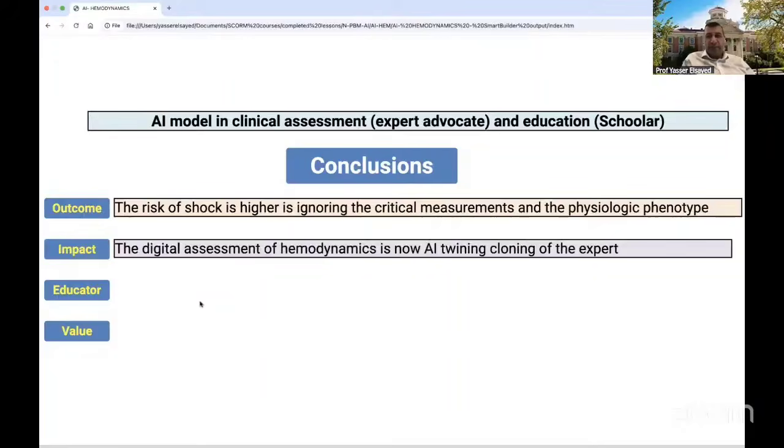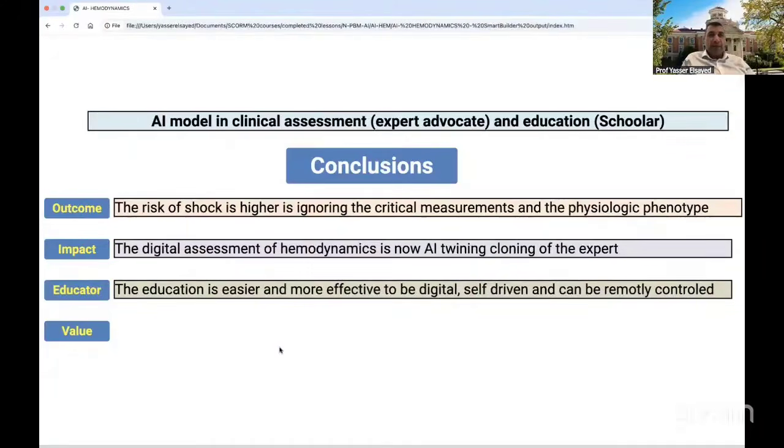The digital assessment of hemodynamics is now AI twinning, cloning of the expert. So you don't have to ask me directly, or any other expert in hemodynamics. We will enable that online, and this AI will be publicly available, so you can ask exactly as you would ask an expert in real time.